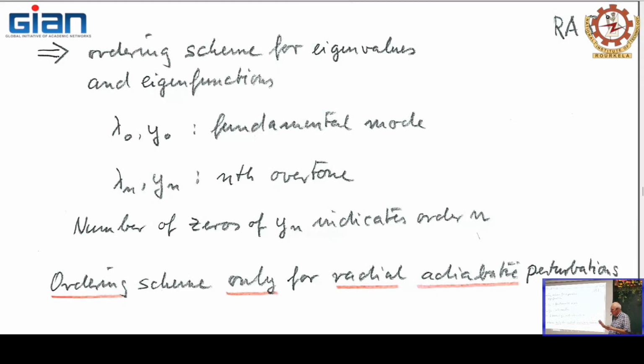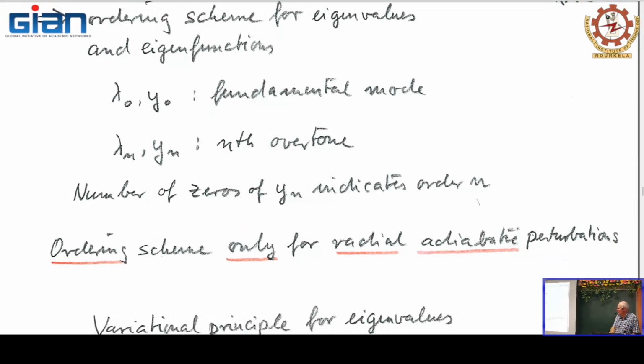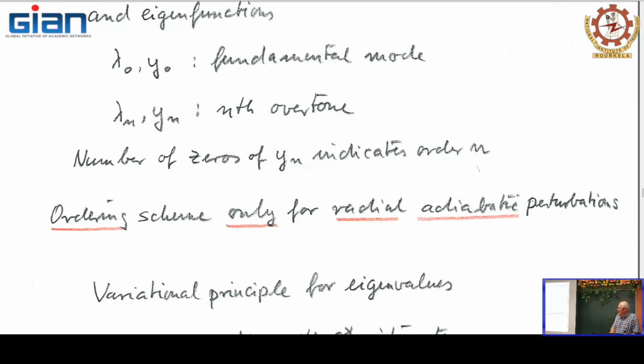So be careful if in the fully non-adiabatic case someone speaks about the first overtone or the fundamental mode. You have to be very, very critical. This is not necessarily true. So the ordering scheme is only present for a Sturm-Liouville problem. Okay, questions?